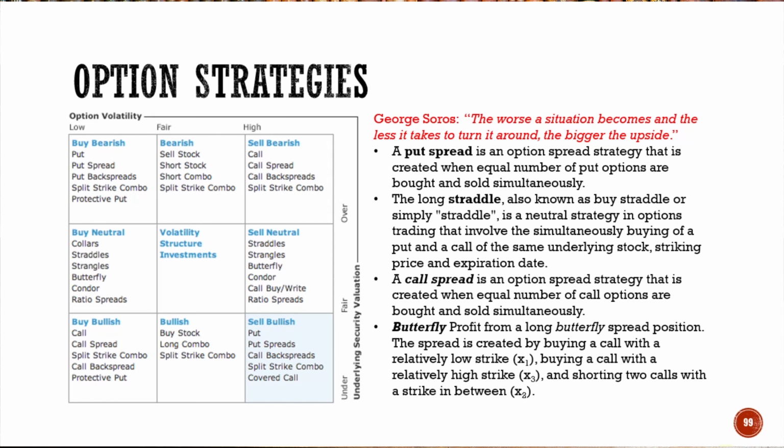A butterfly profits from the long butterfly spread position. The spread is created by buying a call with a relatively low strike price and buying a call with a relatively high strike price and shorting the two calls with a strike in between. So how you profit in this option market has so much to do with the strategy that you are using.